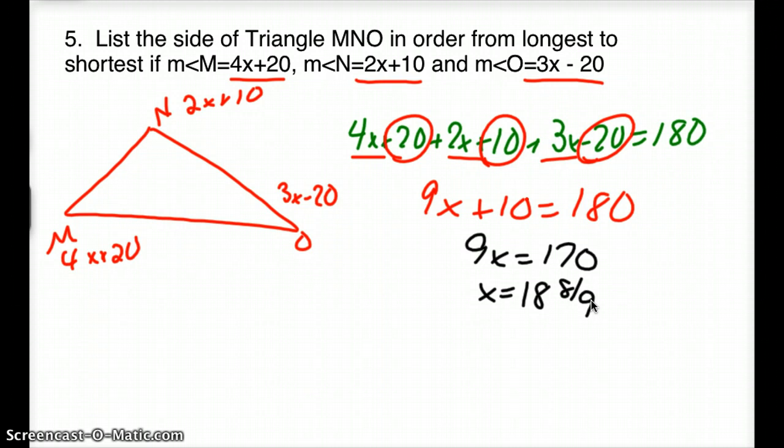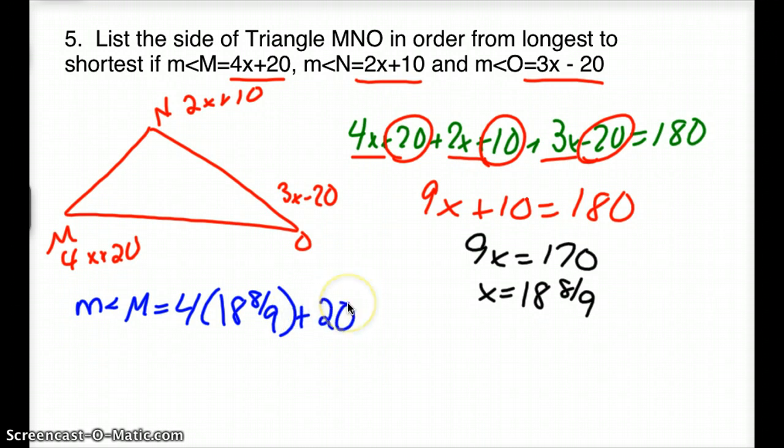Now what I need to do, and you guys are writing this all down, this is important, I need to find the measure of angle M. So I'm going to take 18 and 8/9, and I'm going to add 20 to it. Punch that in my calculator, 4 times 18 and 8/9 plus 20, and I get 95 and 5/9. I'm going to write it in my picture.